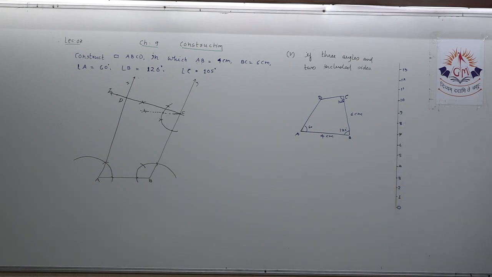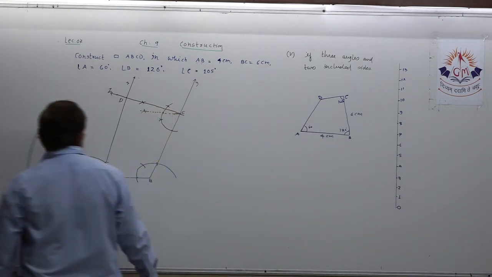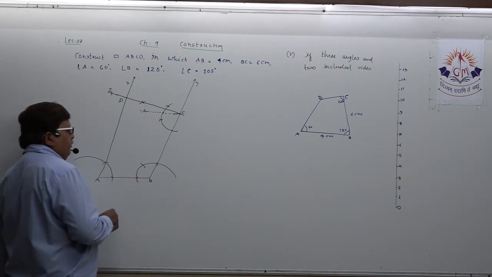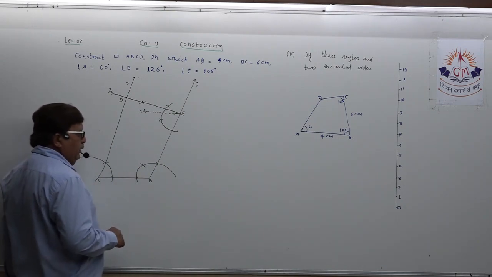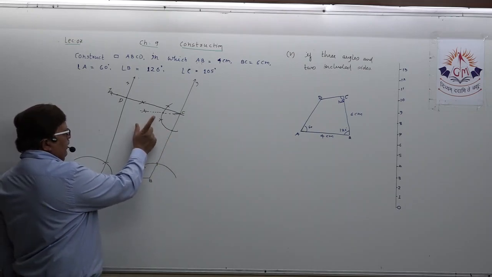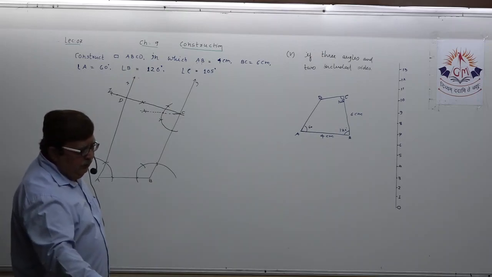The first thing which you should do is that first please accomplish the construction in your book, and then we will discuss the steps involved in this. You should know how to construct the angle of 105 degree.